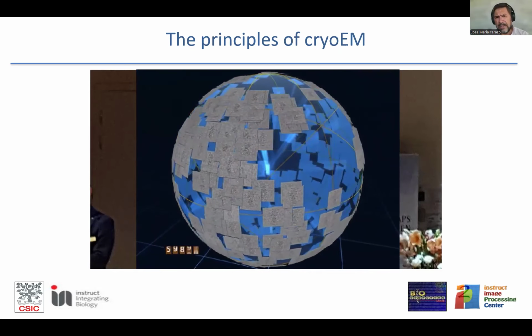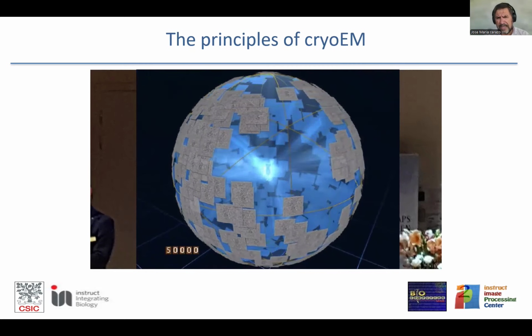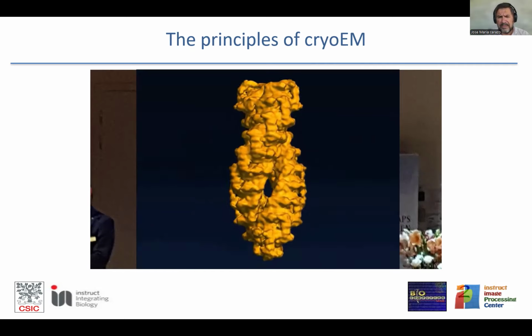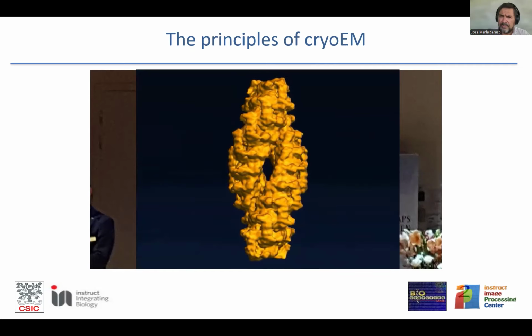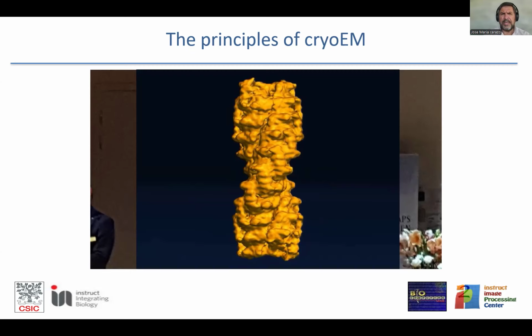And we are able at the end, through reprojection, to get an estimation of the Planck potential. And if you get higher than 4 Angstrom, 3 Angstrom something, you can confidently start making a model.